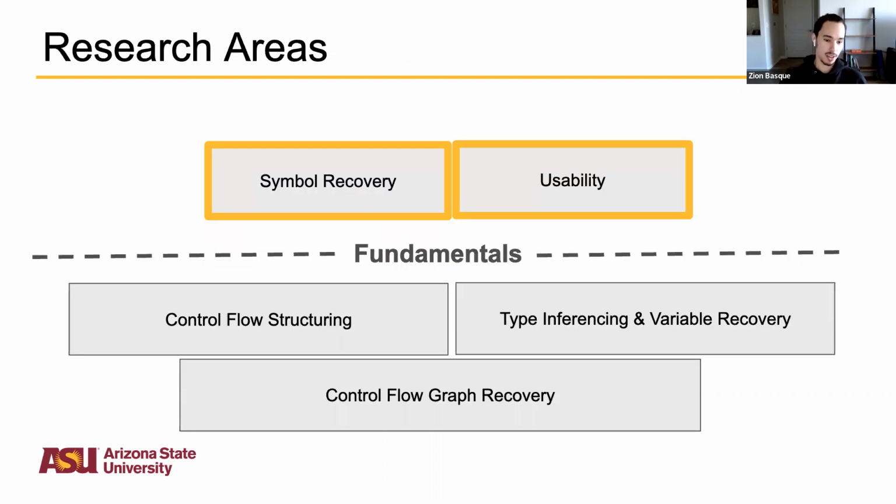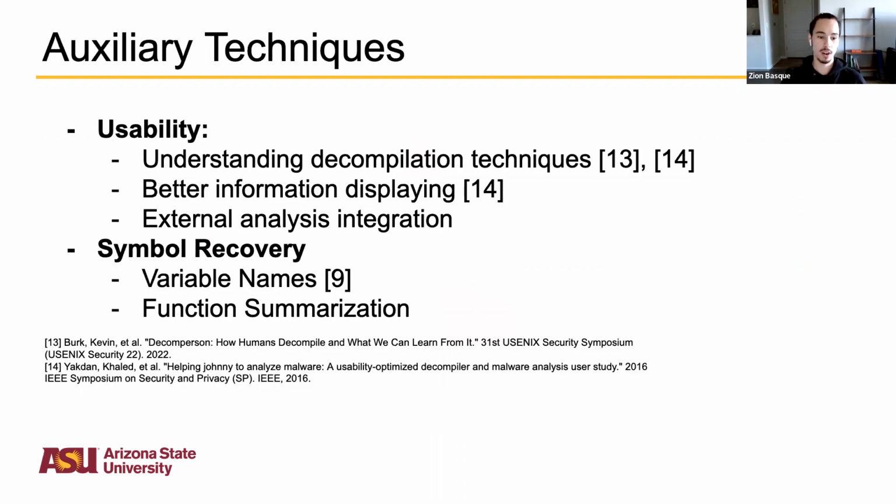So the last research area is this auxiliary research area, which is about symbol recovery and usability. There are a lot of cool works that are happening right now in this area. Lots of them are user studies, which try to look at reverse engineering, but may not necessarily look at decompilation. So you have people trying to understand how decompilation techniques happen, from the same people that made Dream.